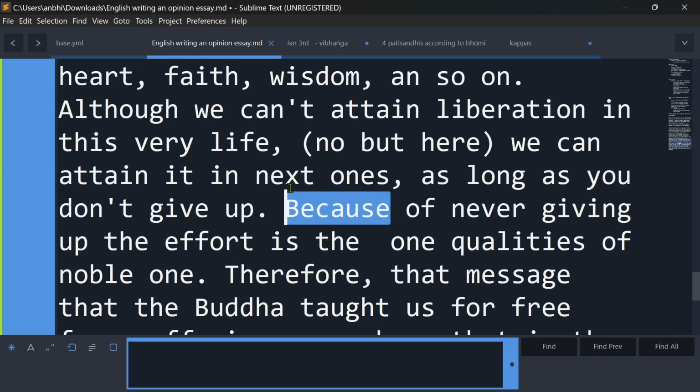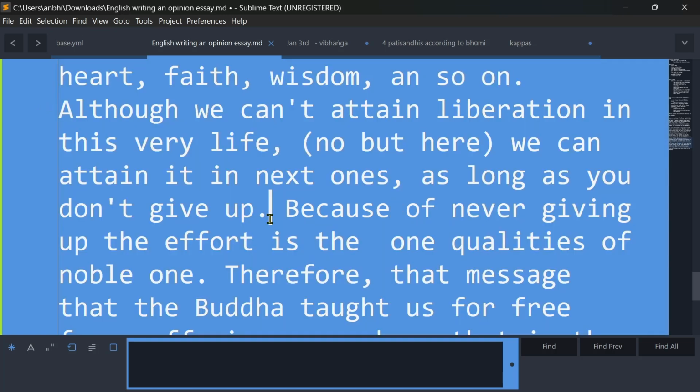So instead of connecting it like this, do you have any suggestions? This until here it was okay, and then the thought, that idea, finished. One sentence is finished. One thought.